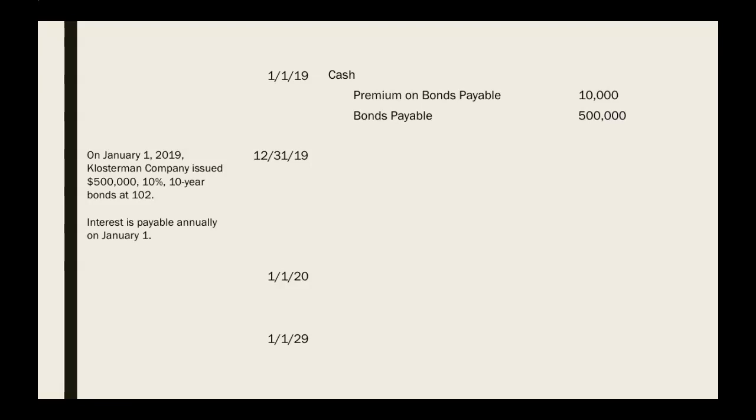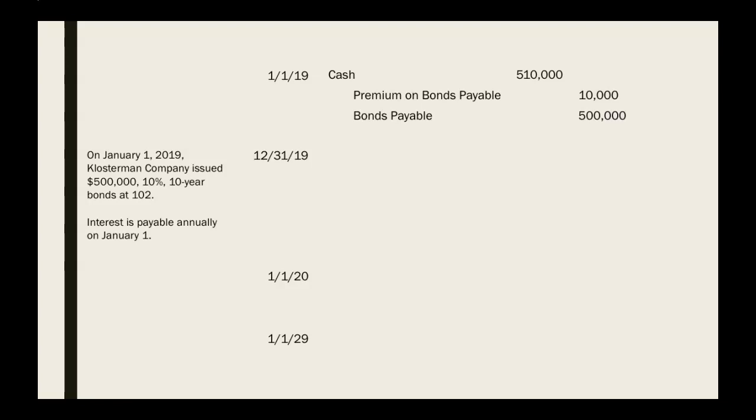Now cash, there's a few different ways that we can find cash. The simplest way, debits and credits have to equal. So we know our two credits are 500,000 and 10,000, so cash must be the sum of those. Another way that we can find cash is going back to that 102. If we are issuing bonds at 102, that's 102% of face value.